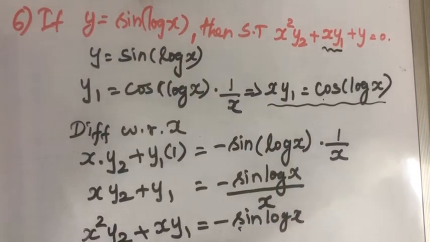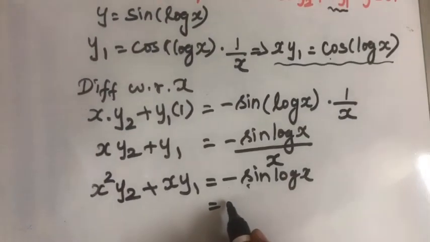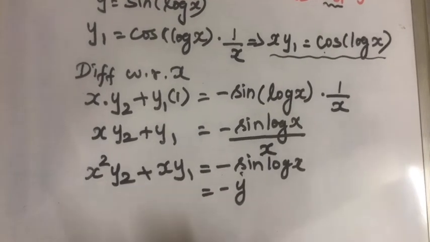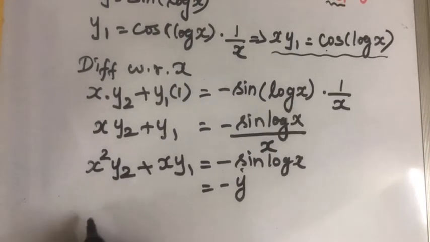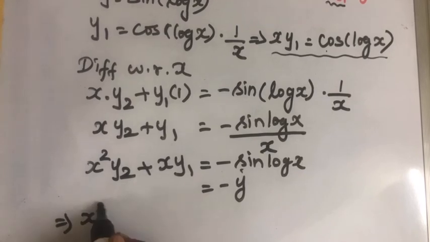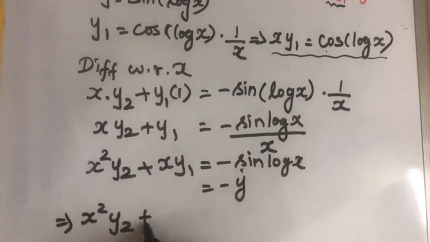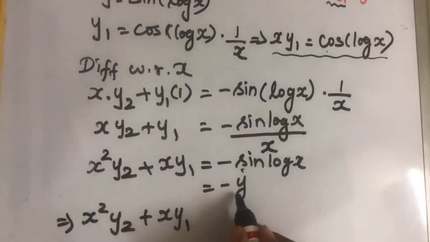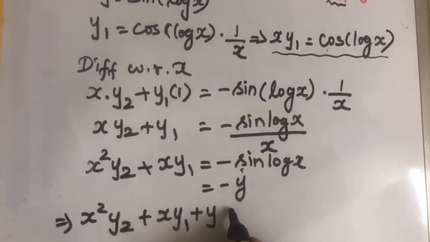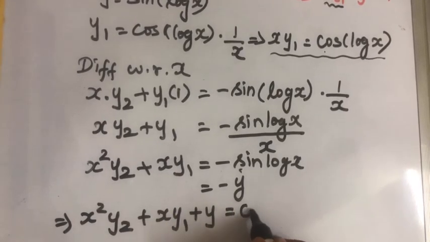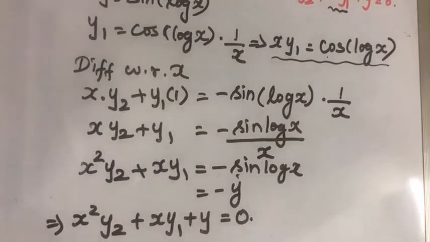So that is equal to minus y. Now we can transfer this term to this side. So that implies x square y2 plus x y1 plus y is equal to 0. That's what we have to prove.